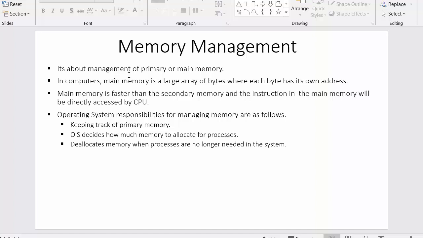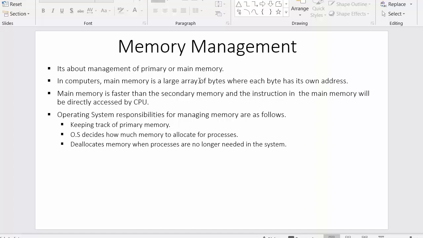So for doing that, we should have a place where we can store all our processes, and that place is main memory, or we can also call it primary memory. Now the second point is, in computers, main memory is a large array of bytes where each byte has its own address.